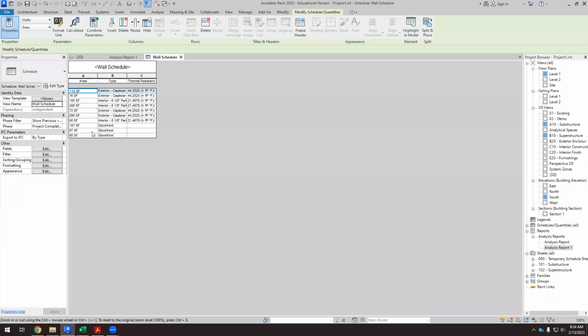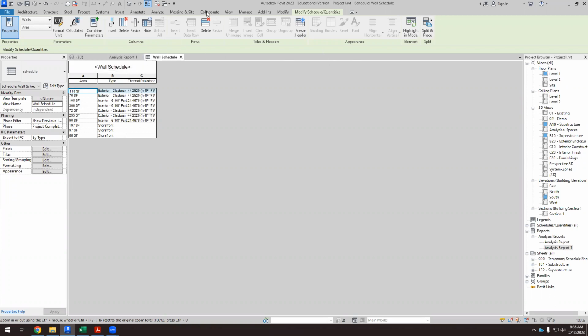Be careful because curtain walls for Revit are walls, they are not windows. Okay, I think it makes more sense from the thermal point of view considering curtain walls as windows, but for Revit, they are walls. So it's another type of wall here. Okay, we can create another schedule.